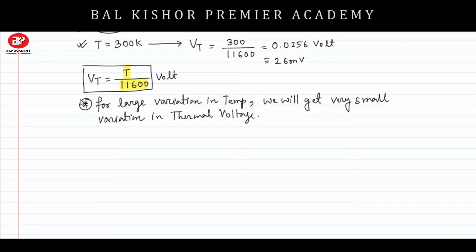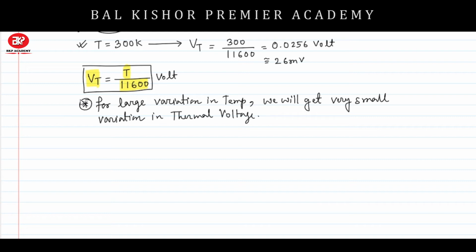So if there is a change of T, so if there is a large change in the value of T, we will get a very small change in the value of Vt, because the T value is divided by a large number.